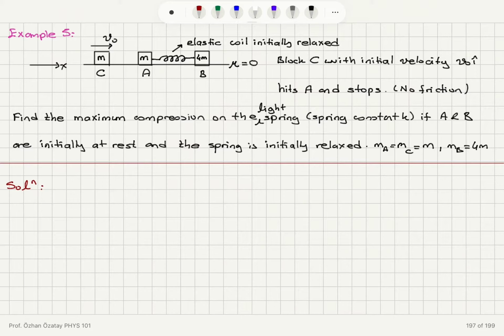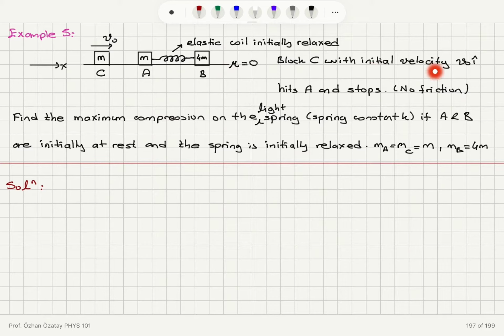So we have three masses here. Particle A, which has mass m, particle B, which has mass 4m. m and 4m are connected by an elastic coil which is initially relaxed, and particle C has mass m. It's approaching the system of A and B with a velocity v0 on a horizontal surface which has no friction.